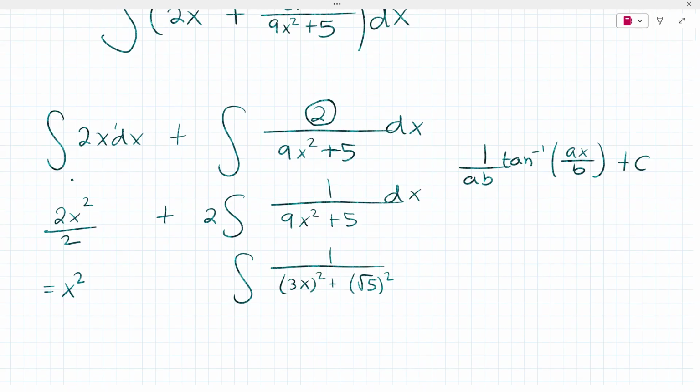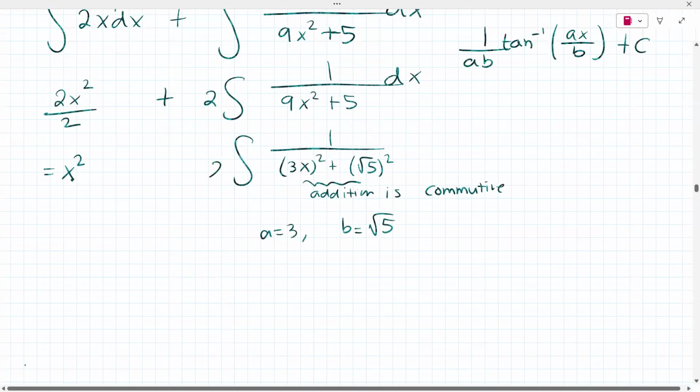Just note that in the rule it should have been the square root on the left, but because addition is commutative, you can switch it around a bit. So my A is going to be 3, and my B is going to be radical 5.